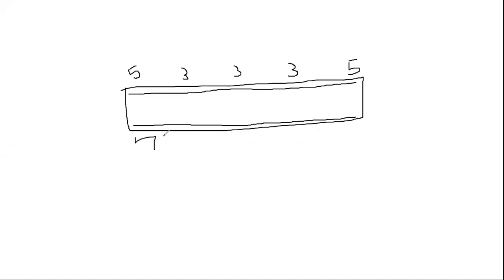There is also 4, 3, 3, 3, and 4. So we need to provide 3 bars continuously. At this end, 2 bars are extra. At this end also 2 bars are extra. At the bottom, 1 bar is extra. At this end also 1 bar is extra.